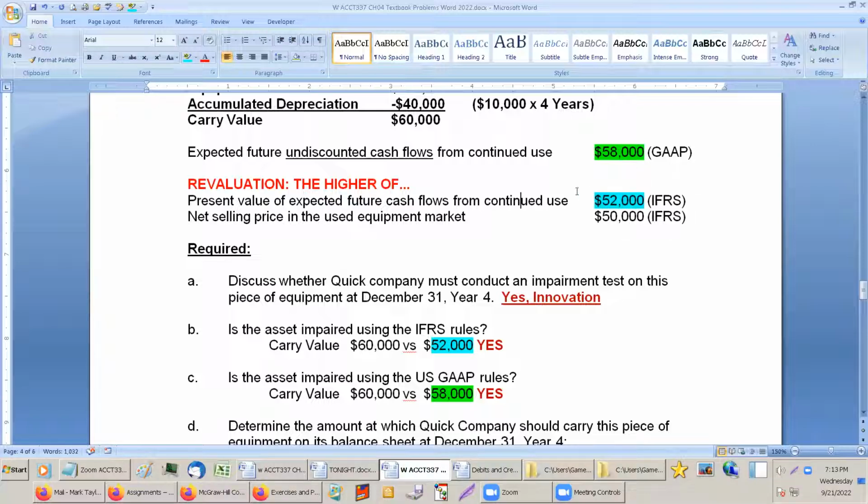Okay, so the higher of these two is the 52,000. So this is if they expect to use it, what would the net present value of the cash flows be? And this is if they just went out and sold it. And it's going to be the higher of those two.